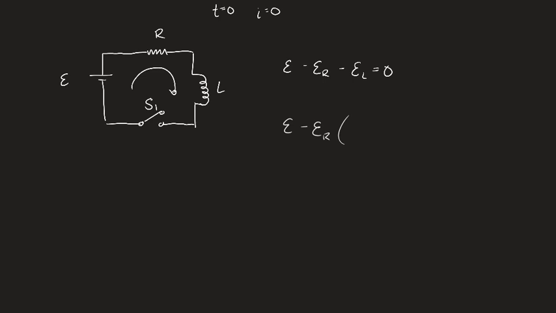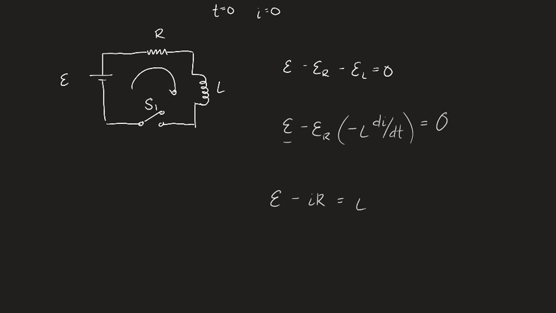It's trying to prevent the flow of current. Its potential will be in the same direction as the potential of the applied battery under this circumstance. So you have to put in negative L di/dt when you replace the EMF for your inductor. And the negative sign needs to be there. Of course, the resistor is still going to be IR.